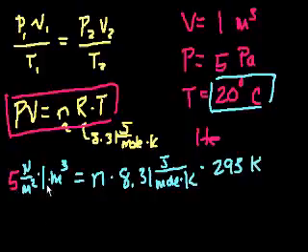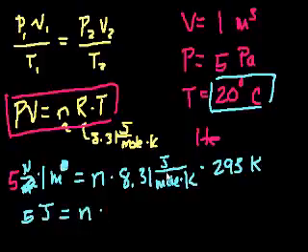So let's see. I get 5 times 1, and meters cubed over meters squared, this just becomes a meter. Newton meter is joules. So 5 joules is equal to N moles times 8.31 joules per mole Kelvin times 293 Kelvin. Well, the Kelvin and the Kelvin cancel out.